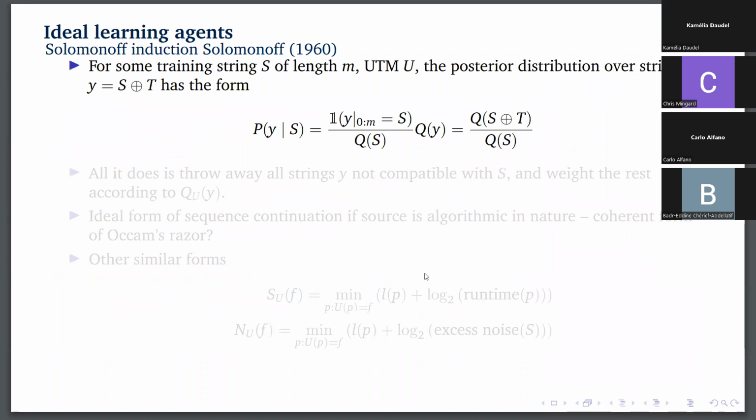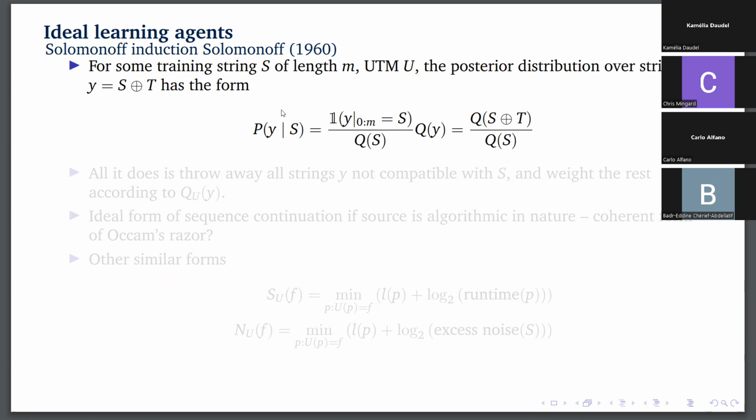Then we can use this universal a priori probability to define a learning agent called Solomonoff induction, which works in a very straightforward way.